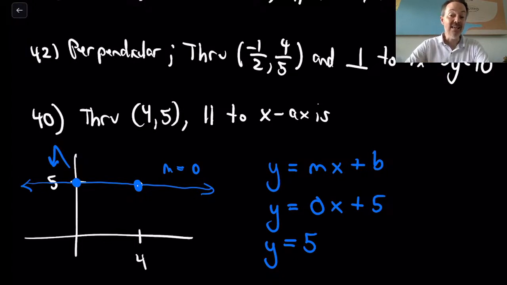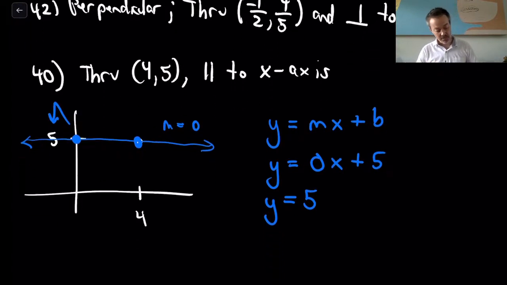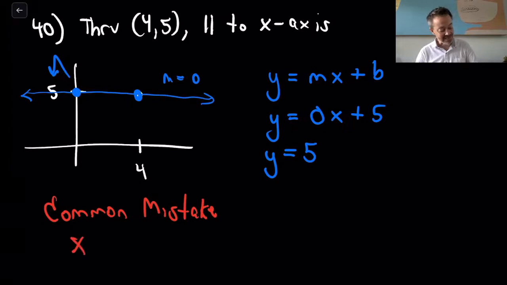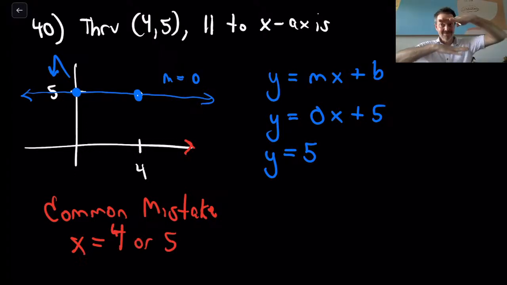If there is a common mistake, people will describe that line by saying x equals 4 or 5. I think the reason they do that is because they see x-axis, and it's parallel to the x-axis, so they have that x stuck in their brain, you know what I mean?